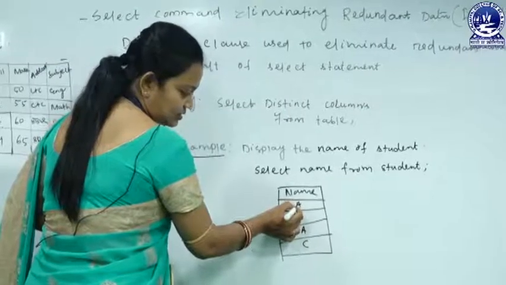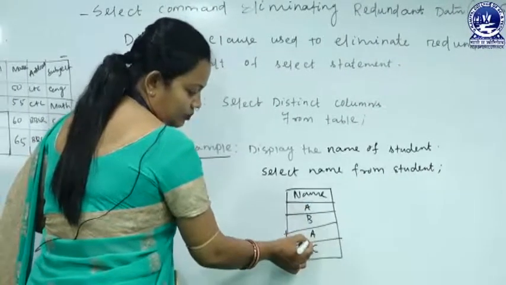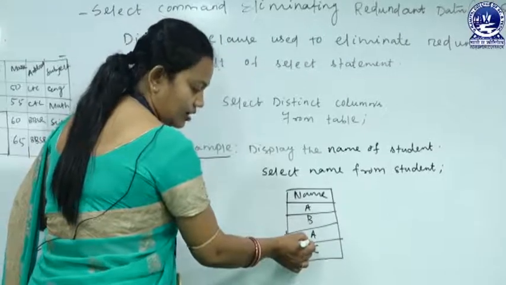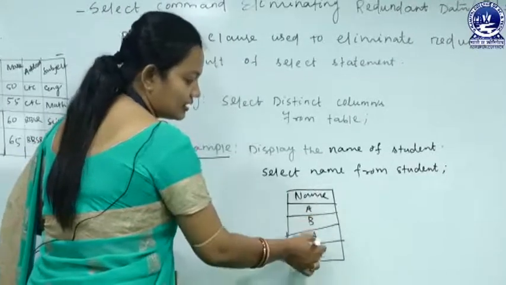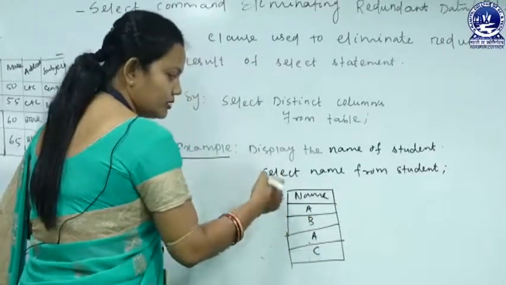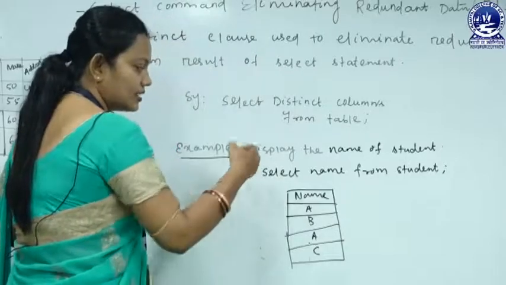You can see from this output, the name is repeating. That is, tuple 1 has name A and tuple 3 also has name A. So, to remove this duplicate data from the relation, we must use a distinct clause with the select statement.